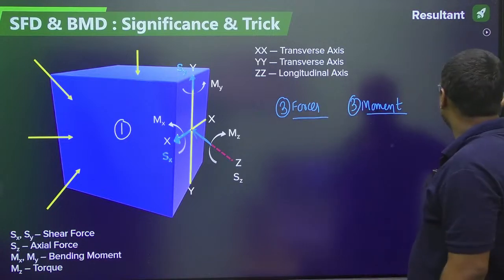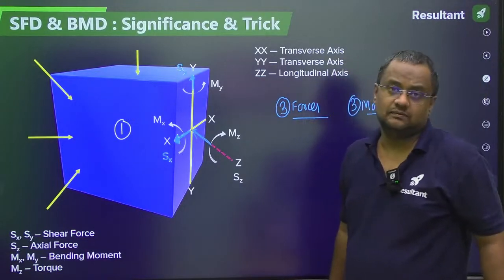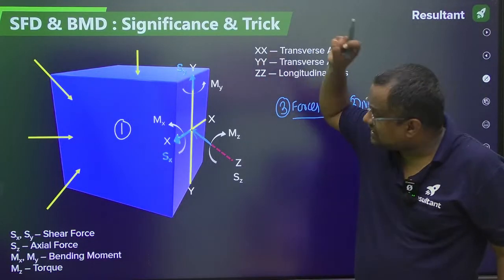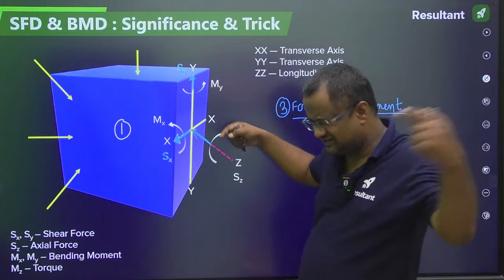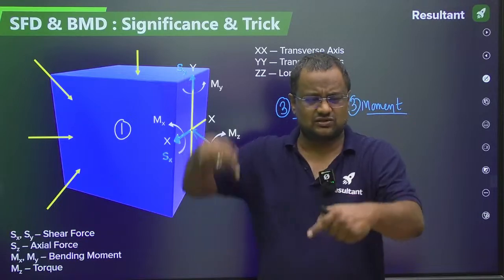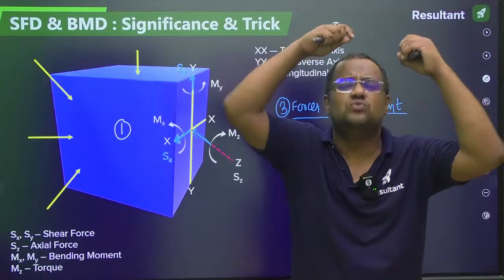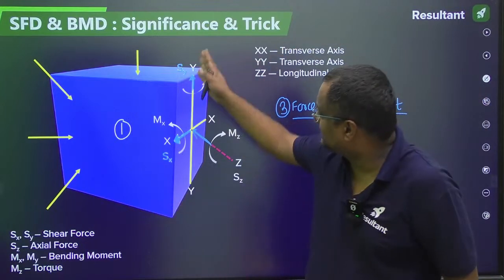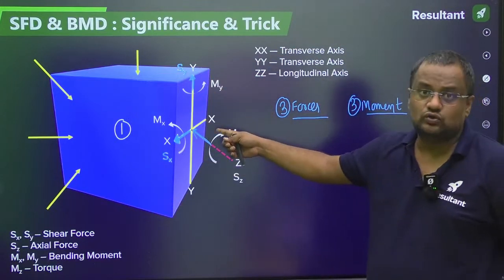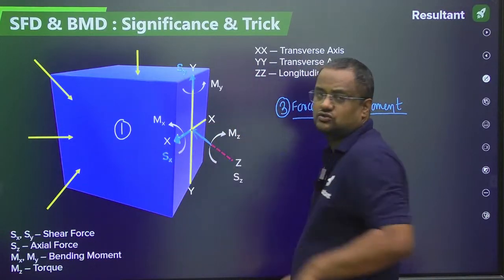Let me repeat again guys. In the general case of loading, the beam has forces coming in every direction, or maybe some moments are also coming. Then when we cut the part, to balance whatever force is coming in the x direction, the opposite internal force should be coming.